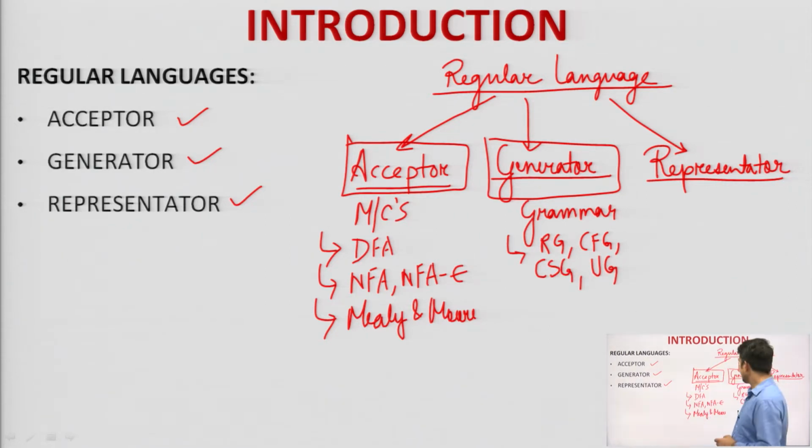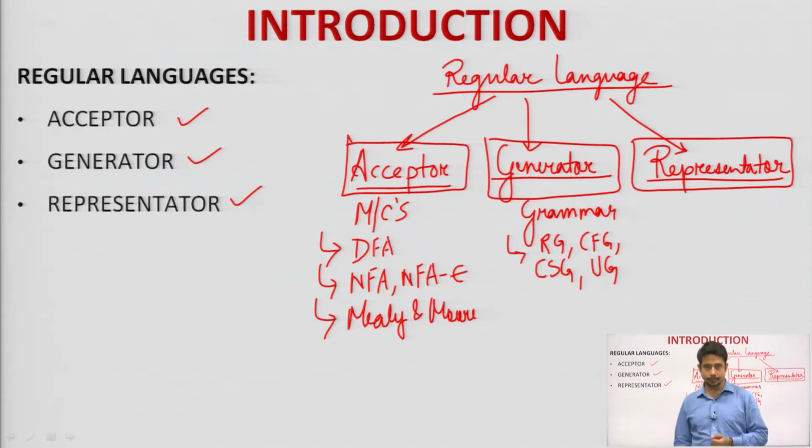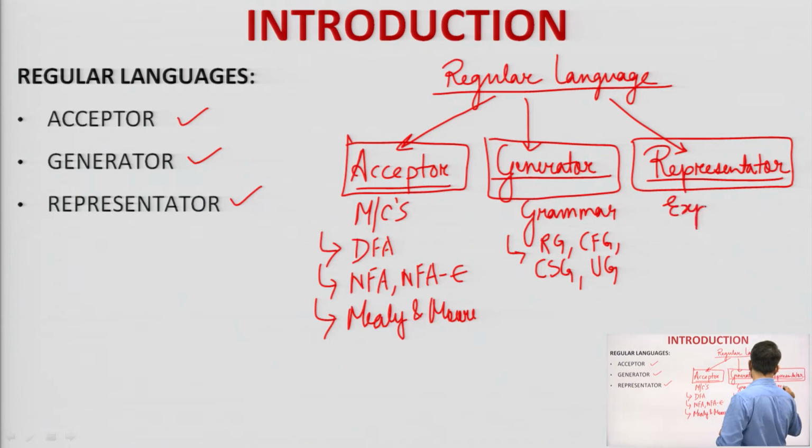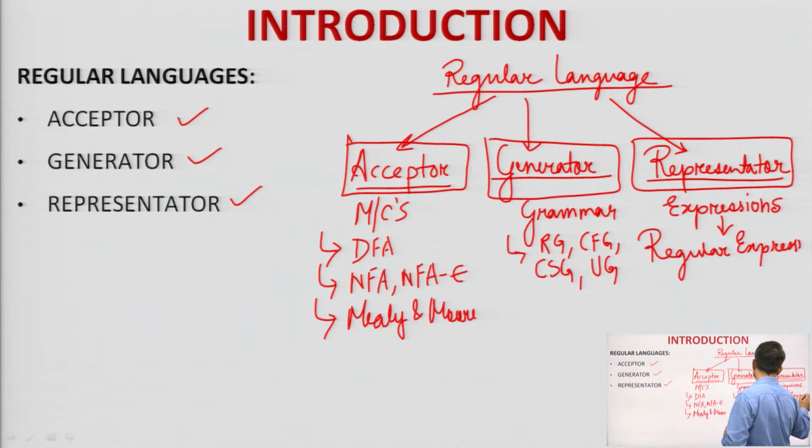Next comes the representator, meaning you are trying to represent something. Here you will try to represent in the form of expressions, and these expressions are said to be regular expressions, which are the whole and soul of your unit number 2 topic.